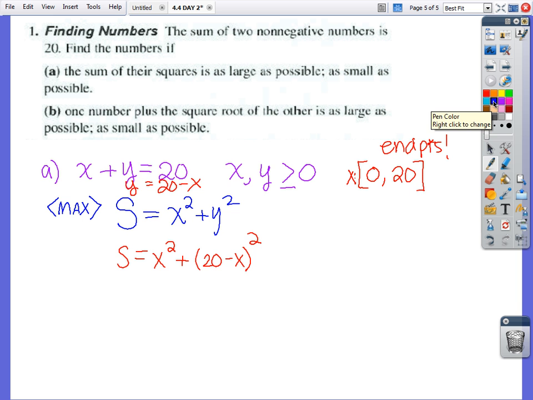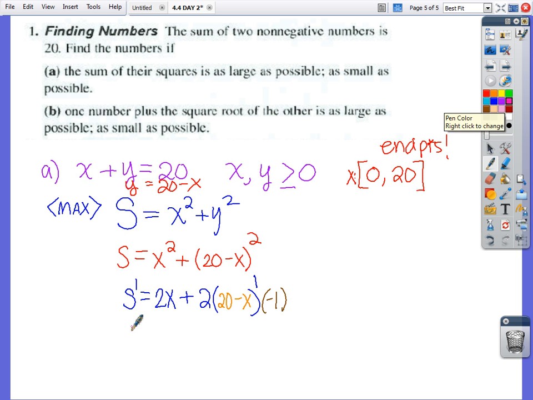So now that I have one variable, my next step would be to actually find the extrema, and I would do that by finding the first derivative. And the reason I can do that, I already found the endpoints earlier. For the first derivative, I'm going to do a chain rule right here. Derivative of the outside, leave the inside the same, multiply by the derivative of the inside.